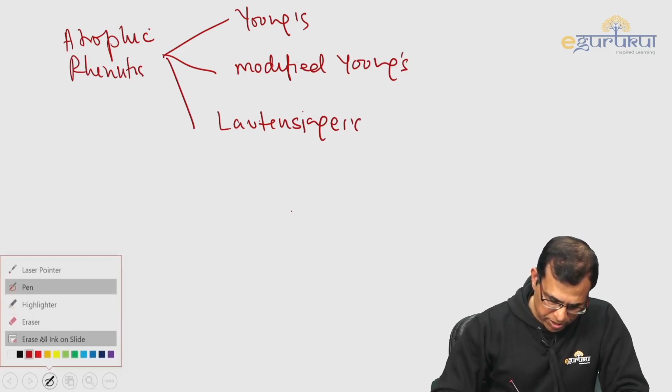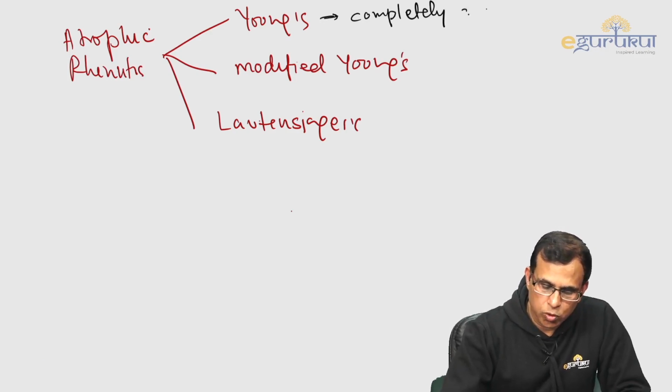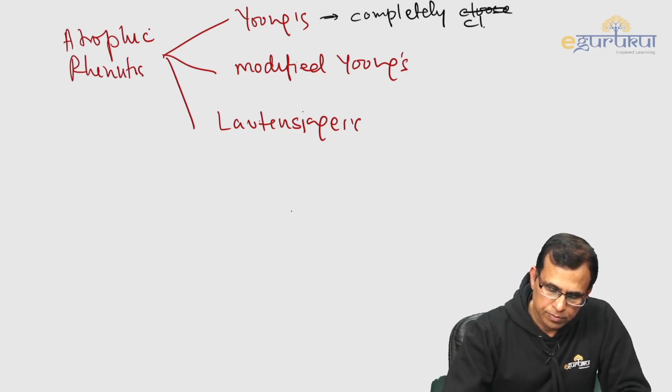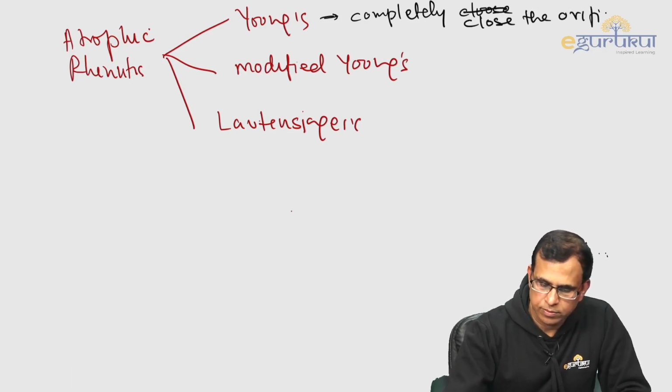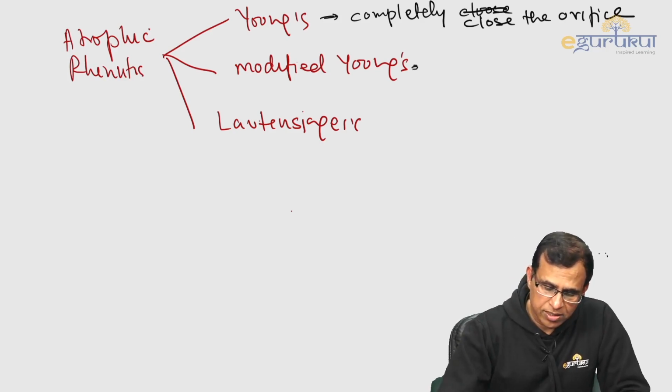Now, what is the difference between these three surgeries? In Young's operation, we close the orifice of the nose completely, and in modified Young's we partially close the orifice.